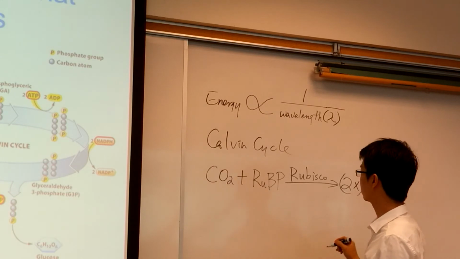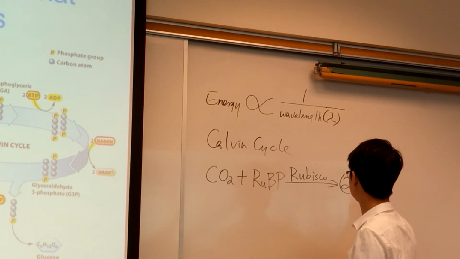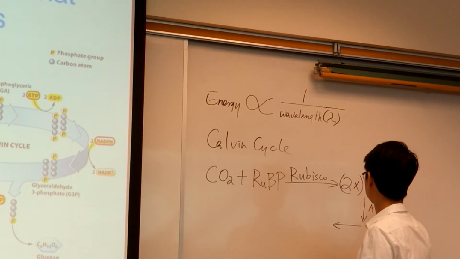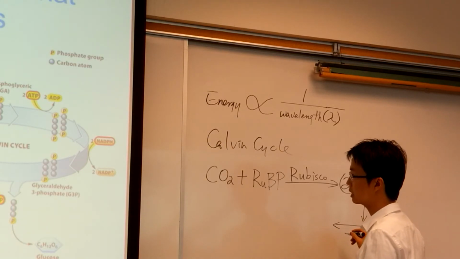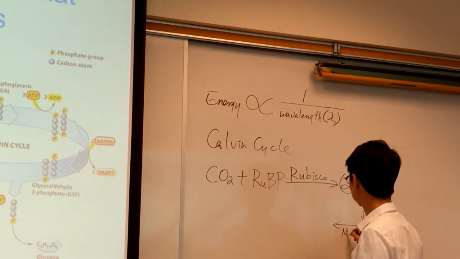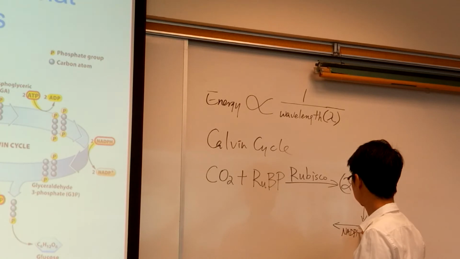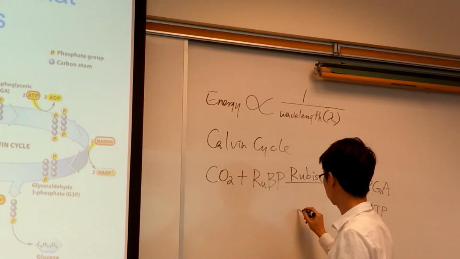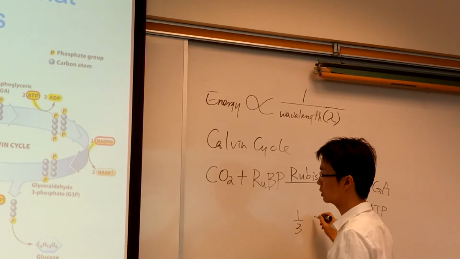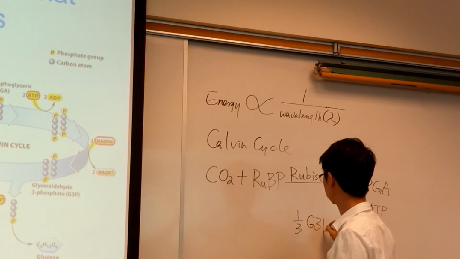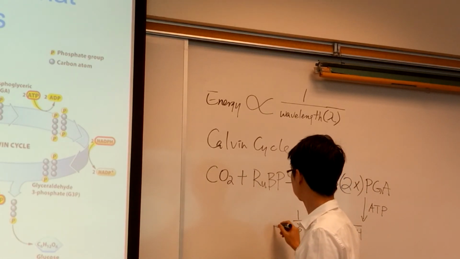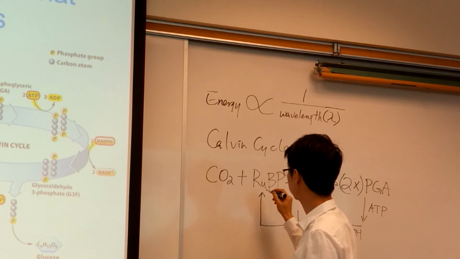And then PGA will go through 2 steps. The first step requires ATP. The second step requires NADPH. And then they will make 1/3 of the G3P. And then after that, it will go back to the RuBP.